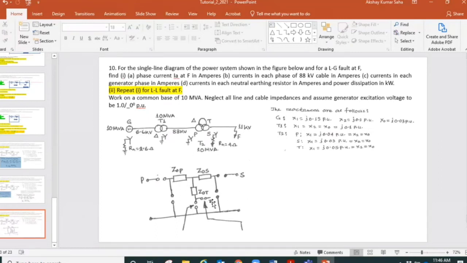This is going to be left open because we cannot have zero sequence current flowing in the delta connection that we have shown here for the tertiary winding. We know that zero sequence current cannot flow, so we show it, although we don't need to show it.